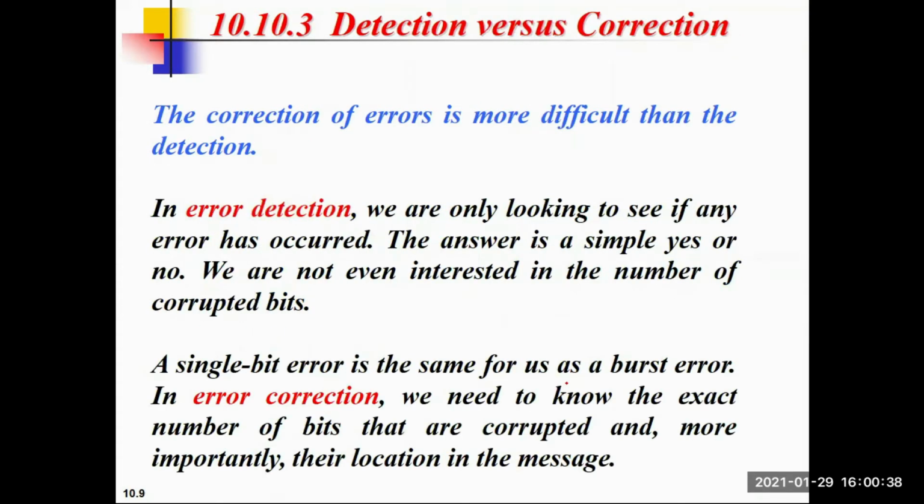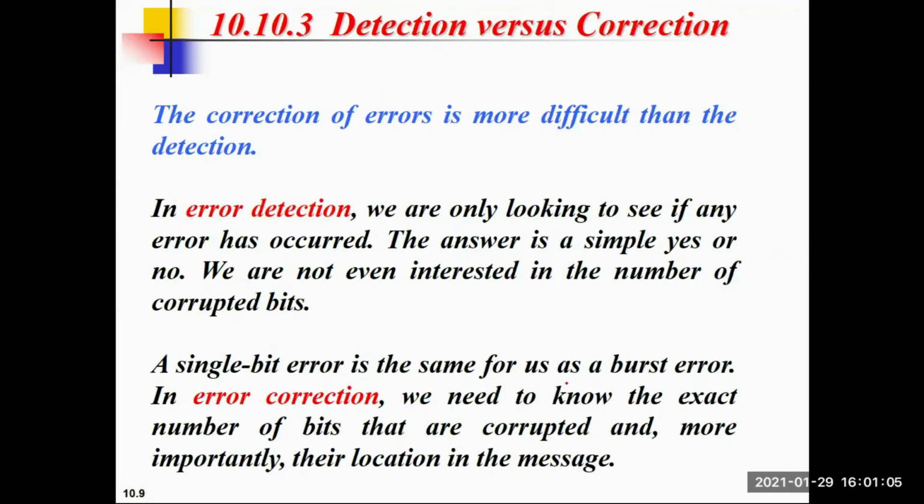So basically, if I talk about detection versus correction, then correction of error is a much more difficult task than detection. In error detection, we are only looking to see if any error has occurred or not. So our answer will be simple: yes, there is an error, or no, there is no error.